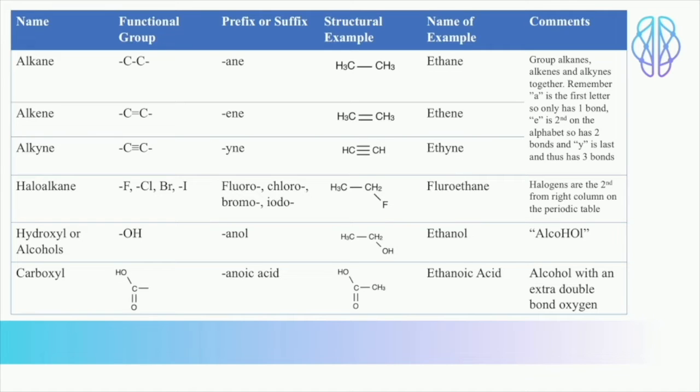Now I don't want you to stress on what those properties or reactions are. For the purposes of this video, I want you to just be good at recognizing the different functional groups and then learning what prefix or suffix is associated with that.